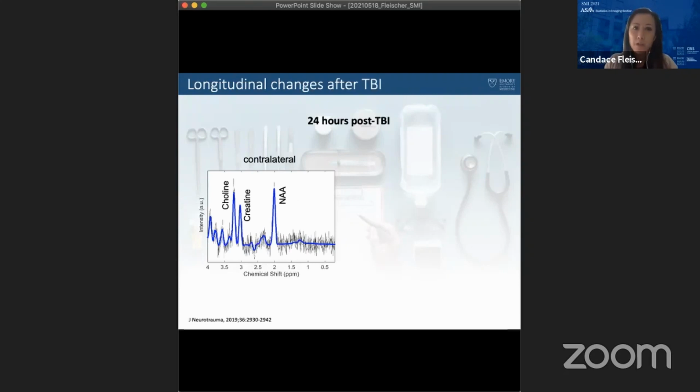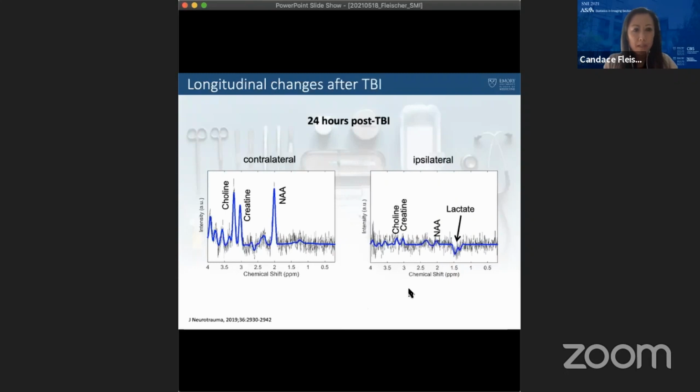But if we look at the region of the brain that's injured, we often call this the ipsilateral side, we see that we get a significant loss in all of those brain metabolite peaks, indicating a loss of neuronal function. We also get the presence of lactate, which depending on how we acquire the data is sometimes inverted. And lactate, of course, is a sign of hypoxia. So this is one example where we can use MRS to look at localized changes in the brain as a marker of injury and also brain health.